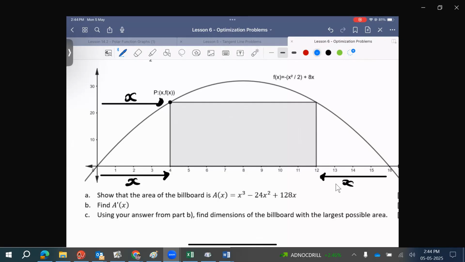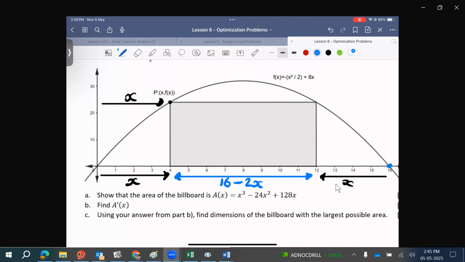So we need to figure out how long this distance here is, because this is the base of the rectangle. Well, the total length is always going to be 16. We can see in the question that the parabolic arch crosses there at 16. So this length has to be 16 minus 2 lots of x. What is the height?